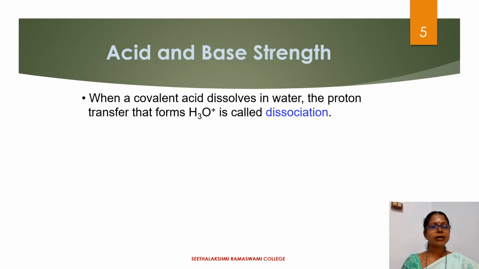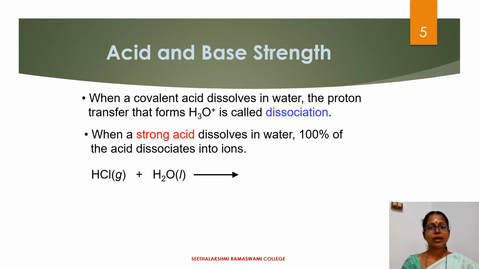Acids are going to be classified as strong acids or weak acids. When a covalent acid dissolves in water, the proton transfer forms H3O+ ion, and this process is called dissociation. When a strong acid dissolves in water, 100% of the acid dissociates into ions.